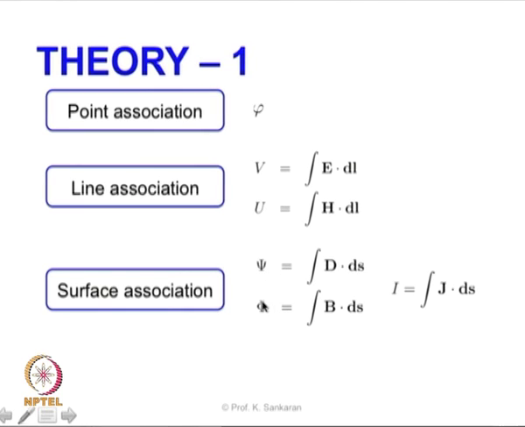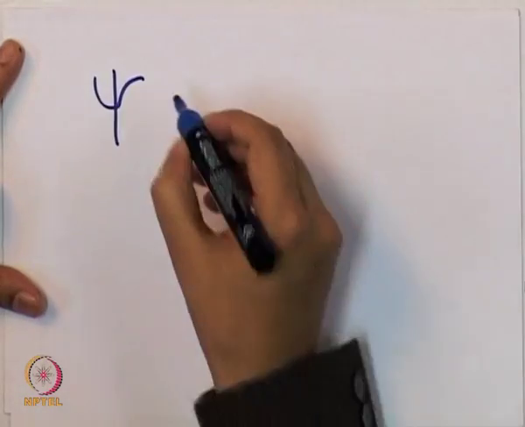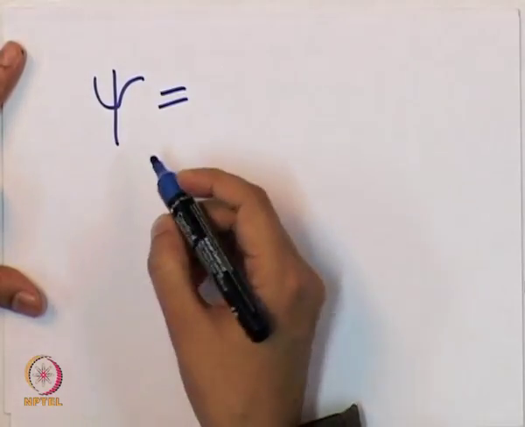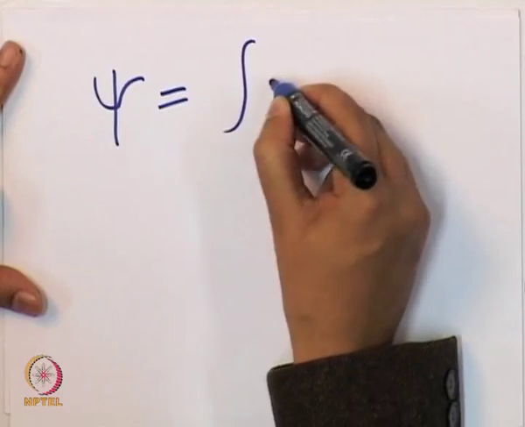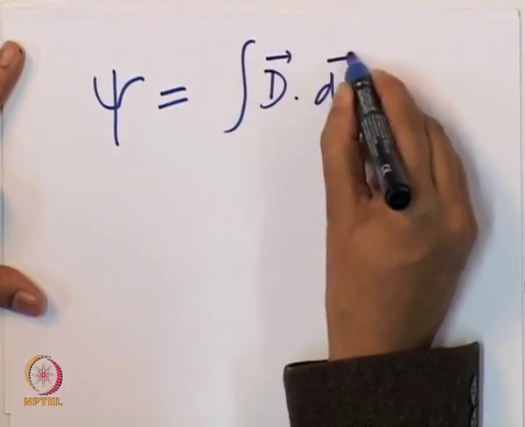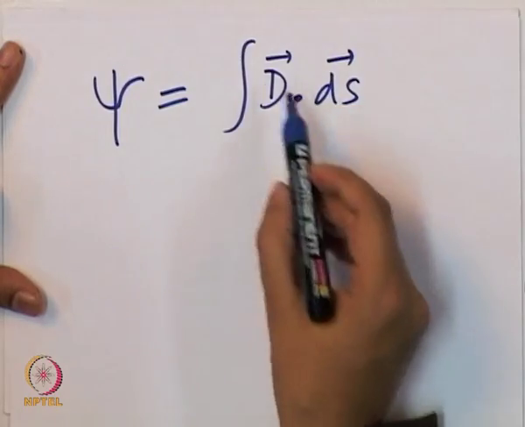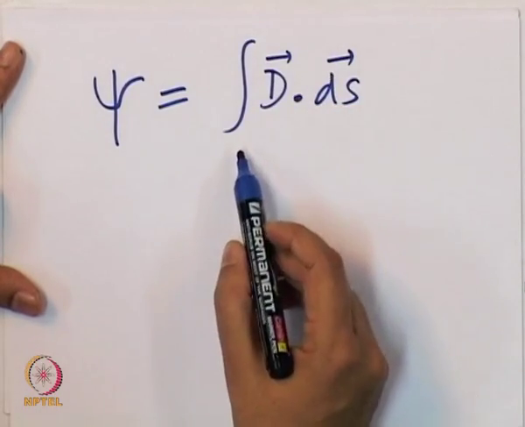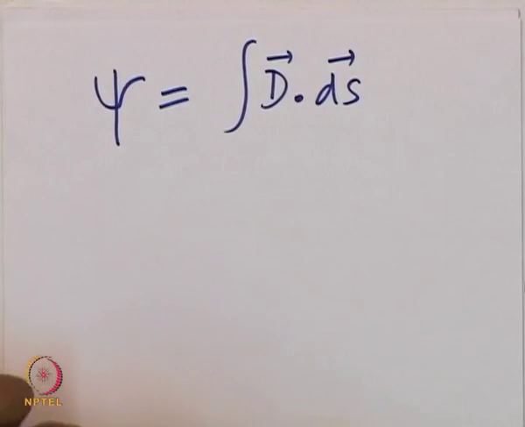The first flux we are going to talk about is something that we already saw, the electric flux, which is equal to integral D dot dS. Again, it's a dot product, they are all vectors, and this is related to the surface.